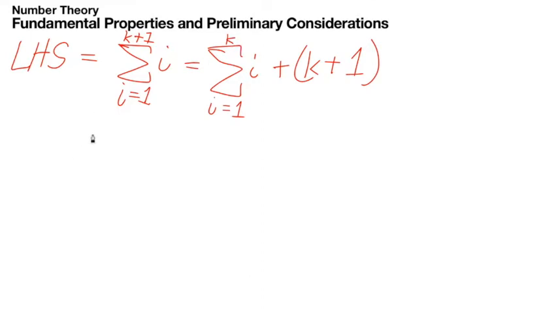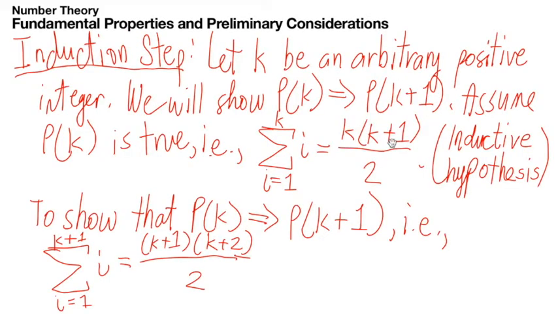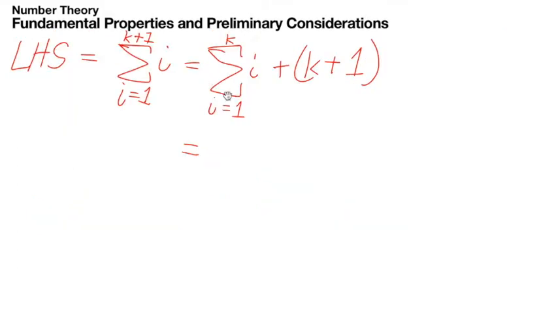So recalling the value of our summation of i, for all k plus 1, this is equal to, we will start the equal sign here. This up until k is said to be equal to this one. So we're going to copy this, k times k plus 1 all over 2, because that's the value, plus k plus 1.